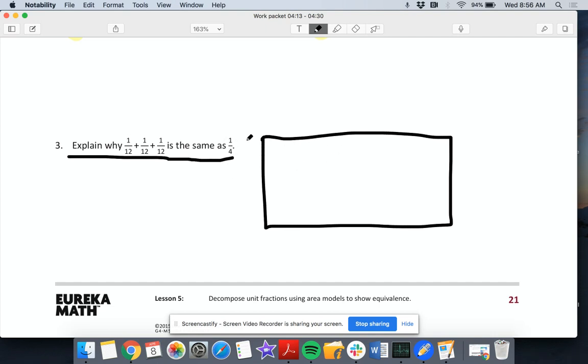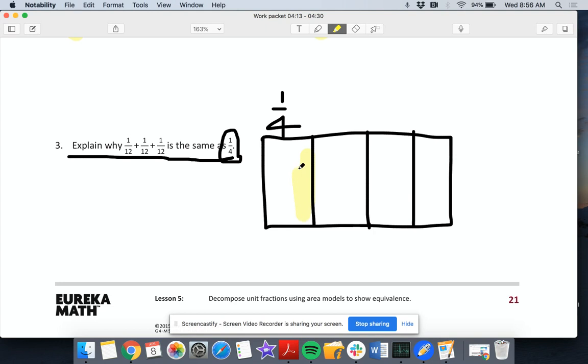So my unit fraction is 1/4. I'm going to divide this into 4 equal pieces. 1, 2, 3, 4. Each now represents 1/4. I'm going to shade in just one region.